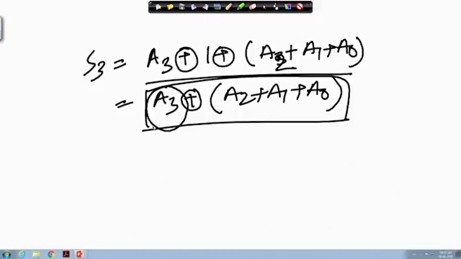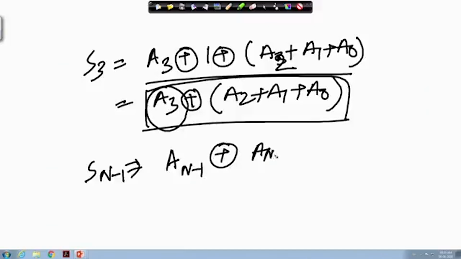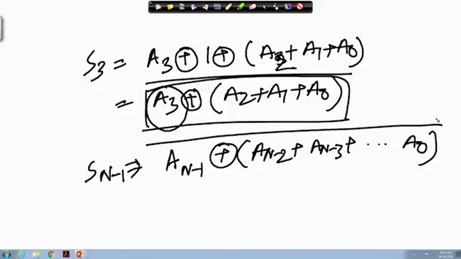So, if I want to make it generalized, what can I write? Sn minus 1 is An minus 1 XOR with An minus 2 plus An minus 3 plus up to A0. This is OR, and whole bar of it. So, this is the generic expression for any n bit decrementer.